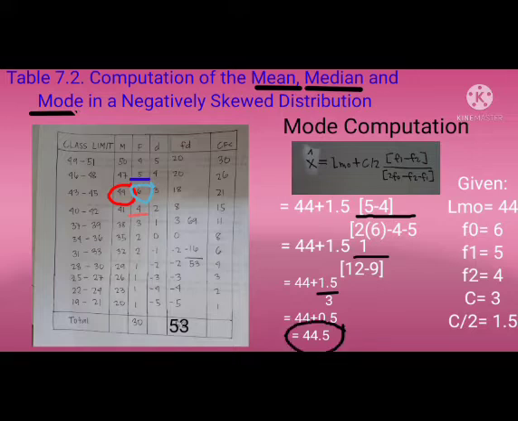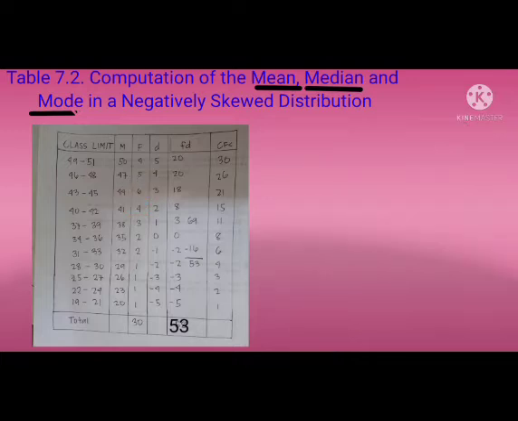So 44.5 is our mode in the negatively skewed distribution based on table 7.2.